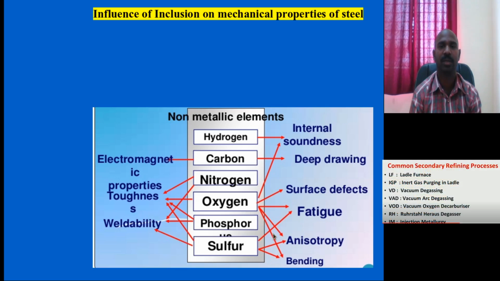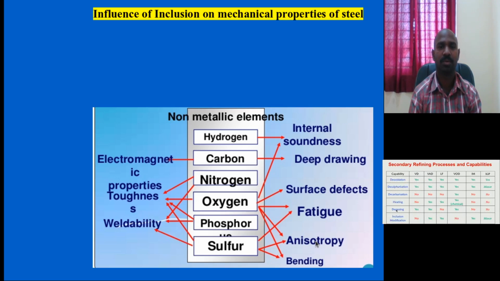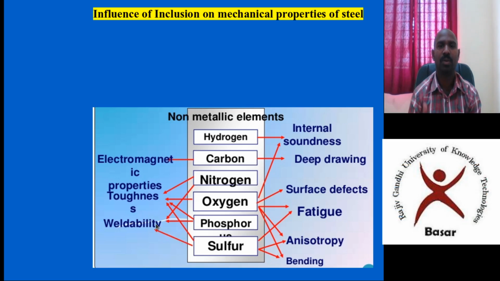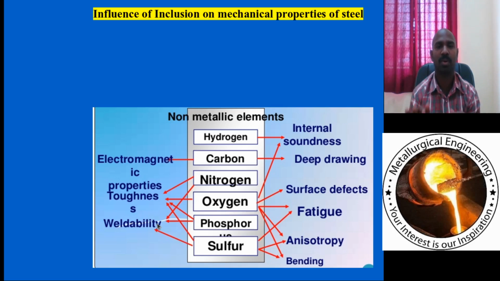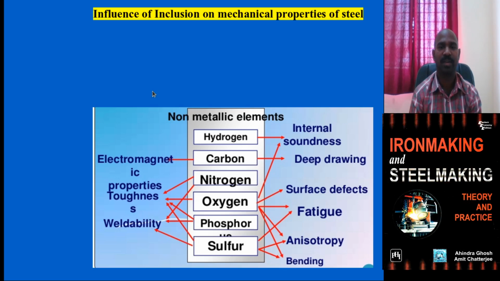Anisotropic properties also appear: in one direction the properties are different from another direction, maybe the strength, and the size effect is completely different. Weldability also suffers: welding strength decreases if inclusions are present at the weld bead. If these inclusions are deposited, the welding strength comes down. Bending also becomes difficult, and it is hard to deform the material.